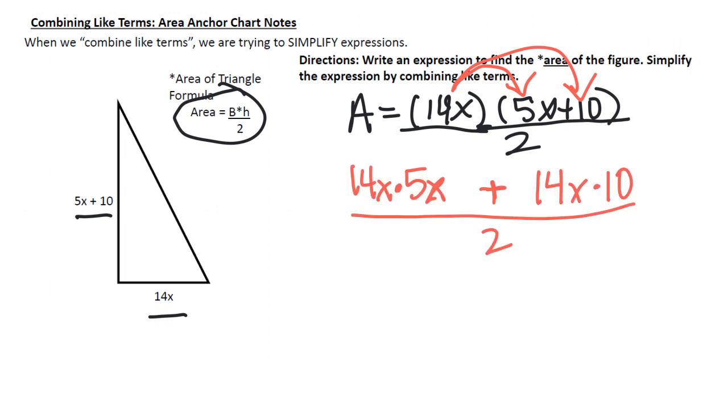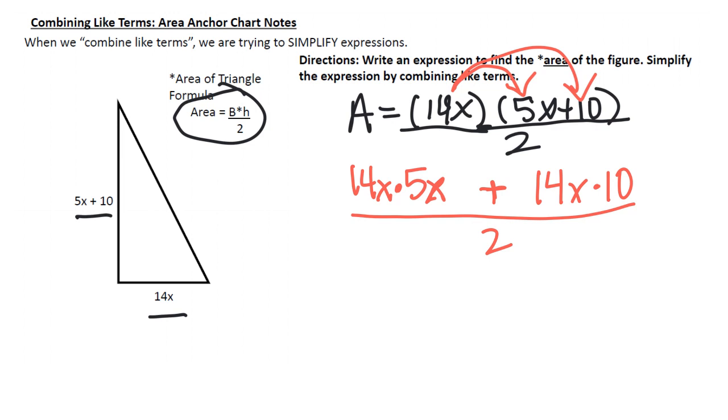Okay, so I wrote out the formula showing my distribution part. I've got the 14x times 5x, and then I've got the 14x times that positive 10, all divided by 2. So now I'm going to actually distribute and use what I know about exponent rules to combine like terms once I've done the multiplication part.